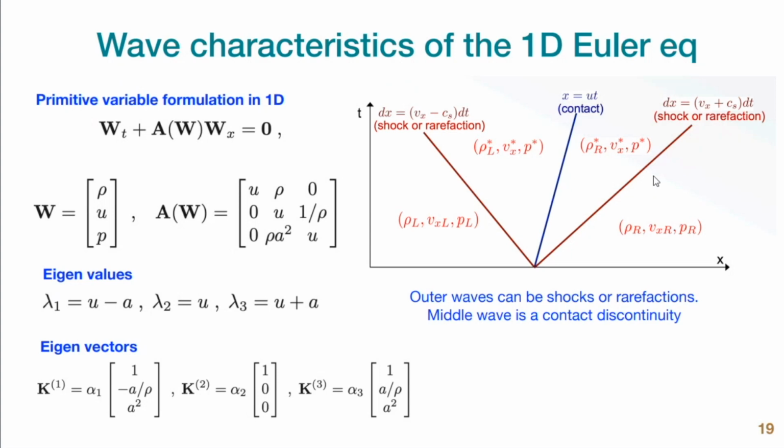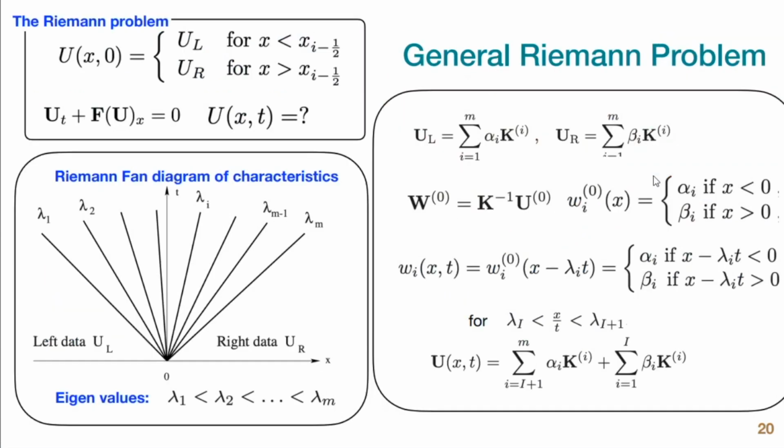You have a velocity, and you can have three possible combinations. a is the sound speed: either velocity plus sound speed, or velocity minus sound speed. So if you have information to propagate, given a particular point with a velocity, information can go either along the direction, against it, or there is no sound, just the fluid moving. And these are the eigenvectors. So this is something that we have to do for all sorts of different situations.